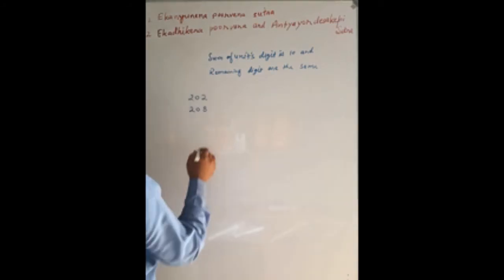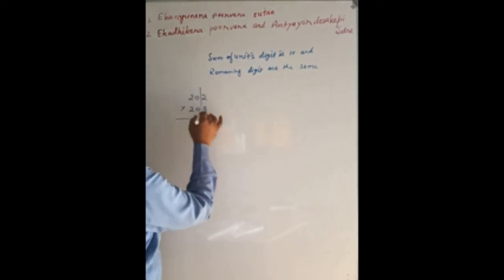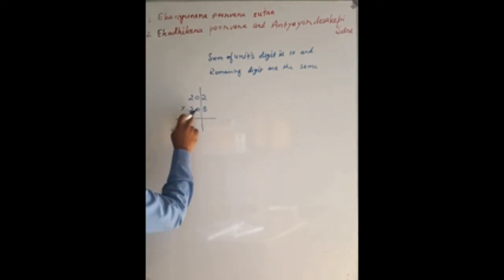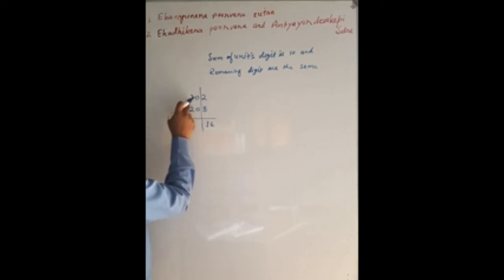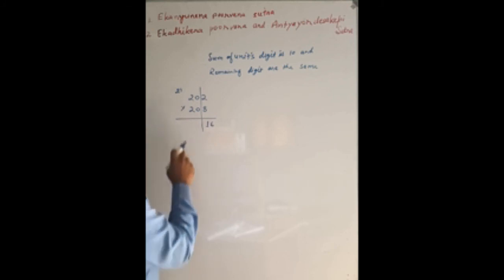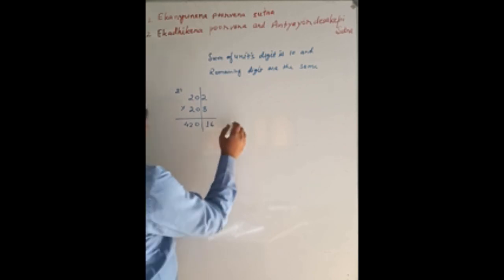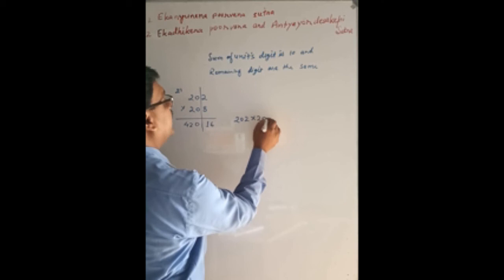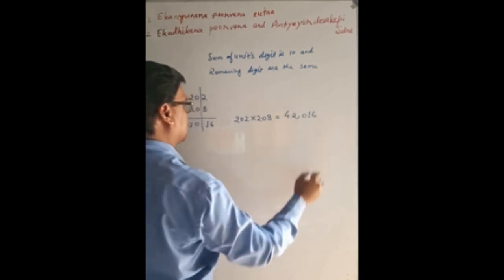We take another example. 202 multiplied by 208. Sum of unit digits 2 and 8 is 10 and remaining digits are the same. 2 times 8 is 16, and 20 plus 1 is 21, and 21 multiplied by 20 is 420. So 202 multiplied by 208 is 42,016.